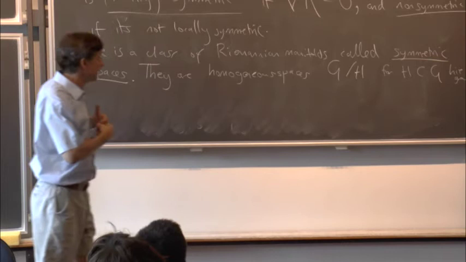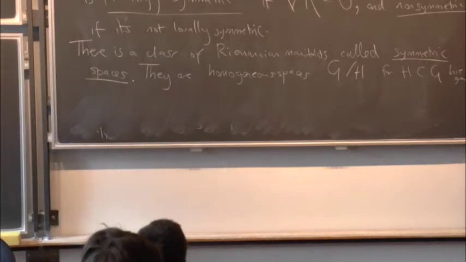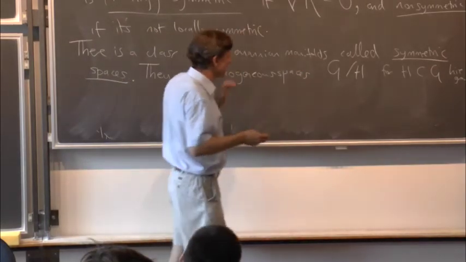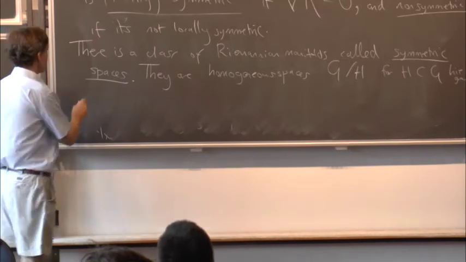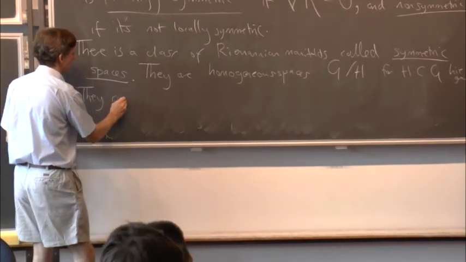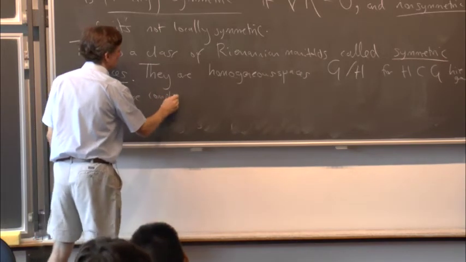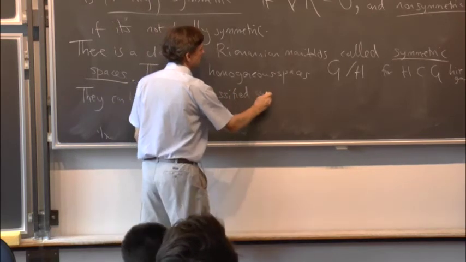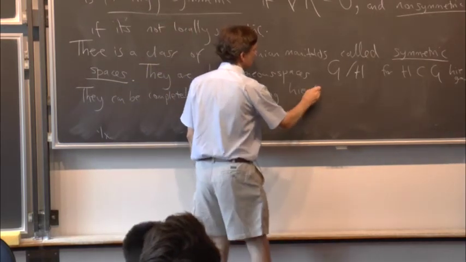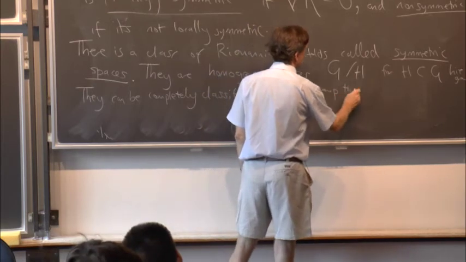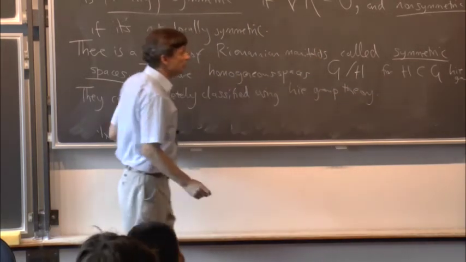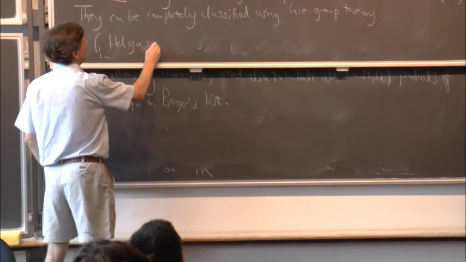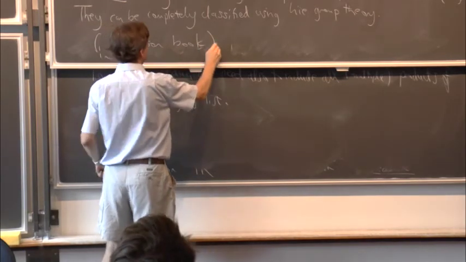So examples would be things like projective spaces, spheres, hyperbolic spaces, there's some weird thing called the Cayley plane and so on. And they can be completely classified using Lie group theory. So there's a big book on them, I think, by Helgason or something. We're running out of time.